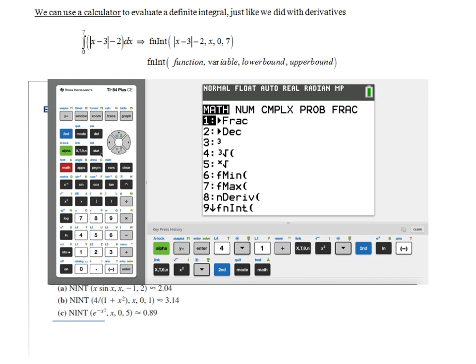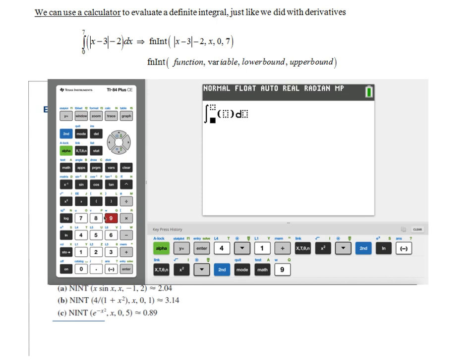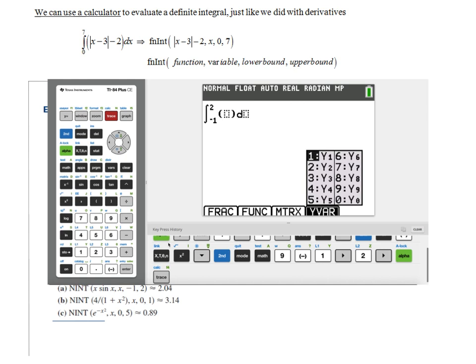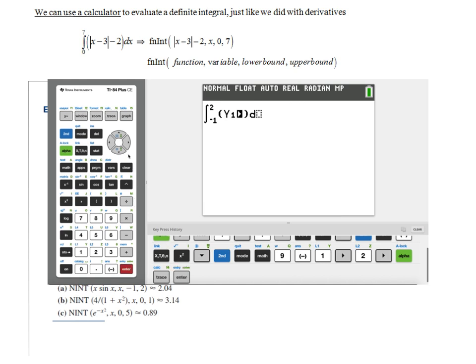So we'll hit number 9, and we go the integral from -1, then arrow up to 2, and then the function is y1. So we go alpha trace y1, and then we put in our x for dx, and we have our answer, 2.0427 and more.